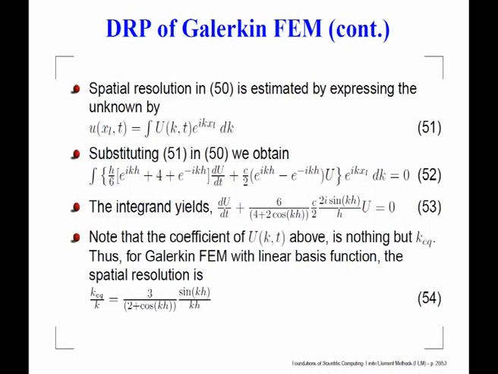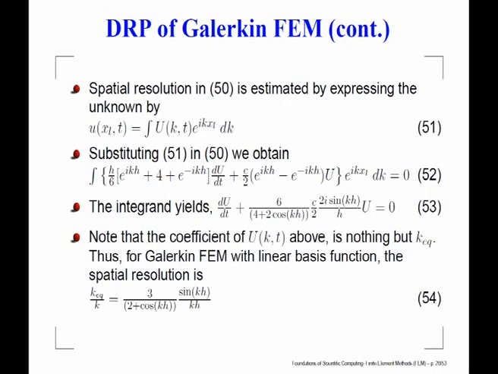CD2 would have given you simply 2 sin kh by h. But here, because of this weighted averaging of this term, you get this additional term in the front, 6 by (4 plus 2 cos kh). So this quantity is nothing but our k equivalent by k.